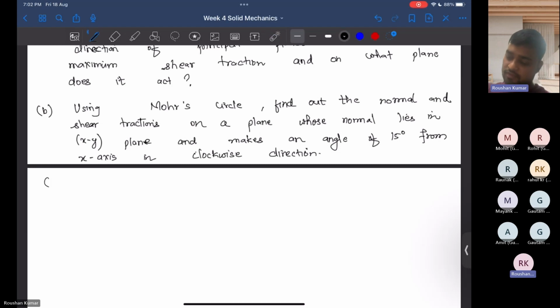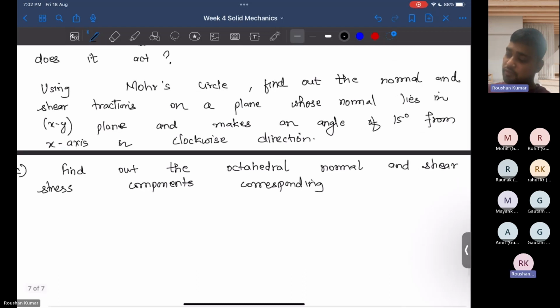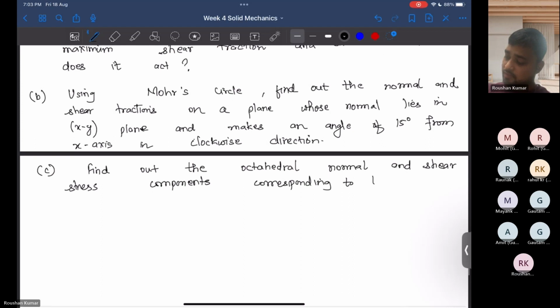The third part of the question is, find out the octahedral normal and shear stress components corresponding to this state of stress.